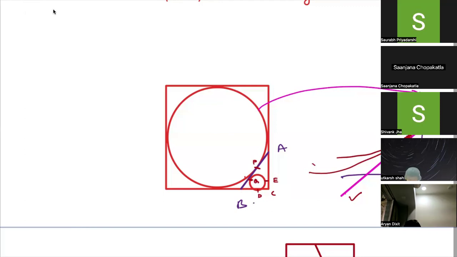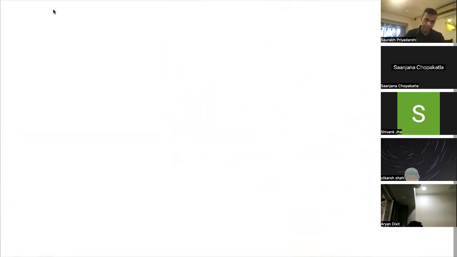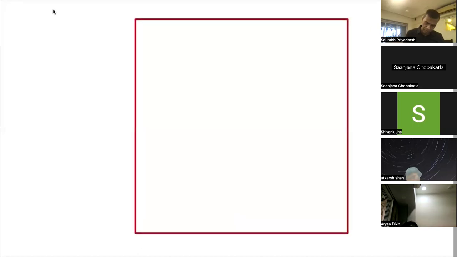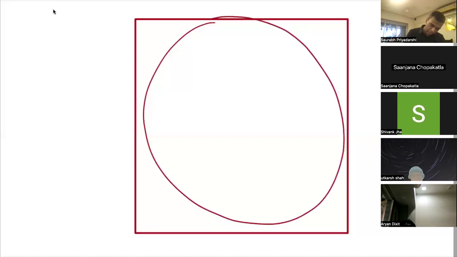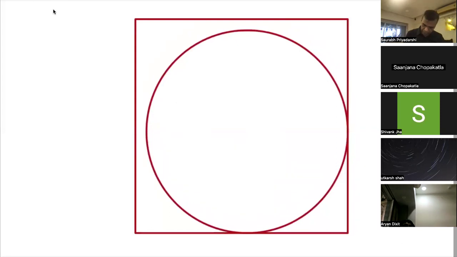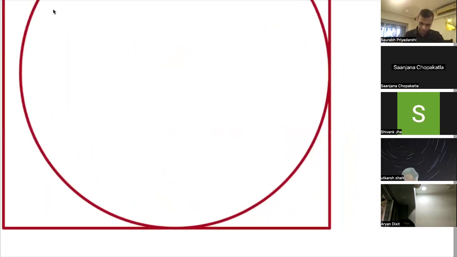So for more specific, I can draw the figure on this. Only see this part where this is touching, right?